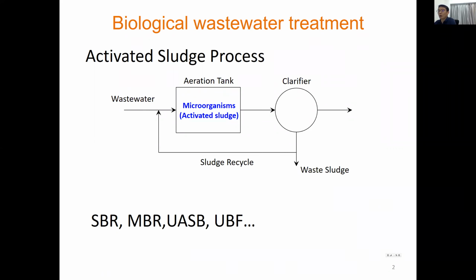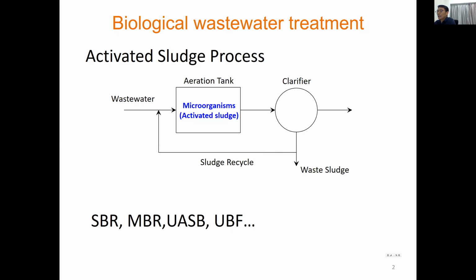Besides the traditional activated sludge process, we also have many other biological wastewater treatment processes, such as SBR, MBR, UASB, UBF, and so on. There are many different kinds of technologies and processes. However, for all of these processes, the core and key component is the microorganism.